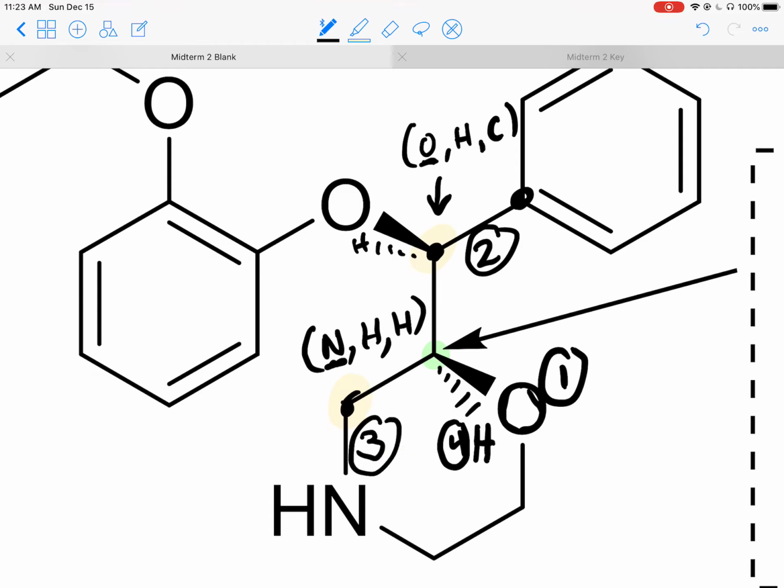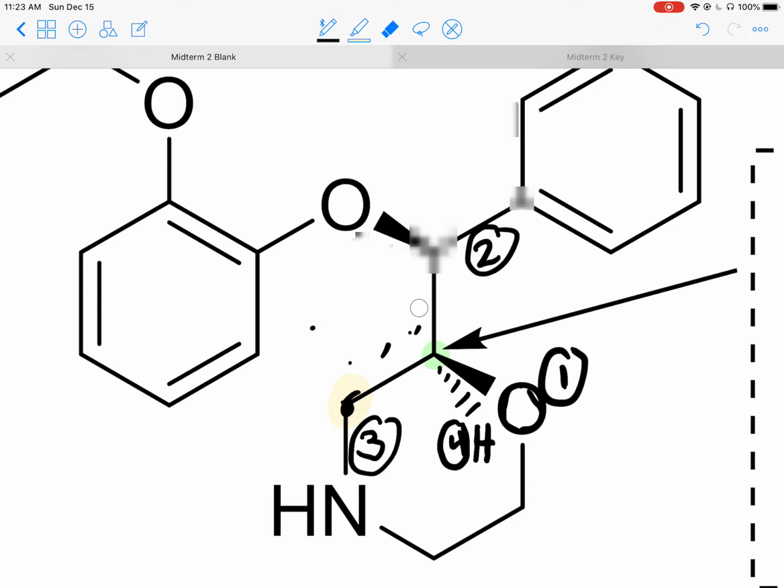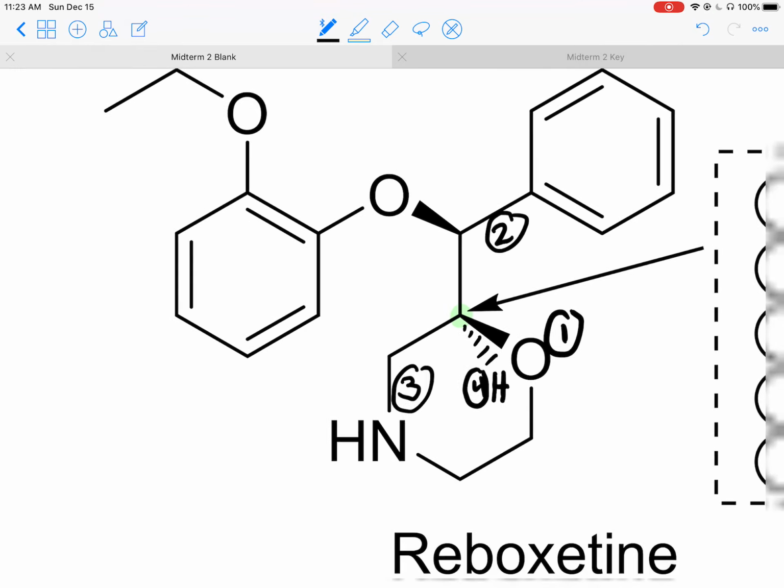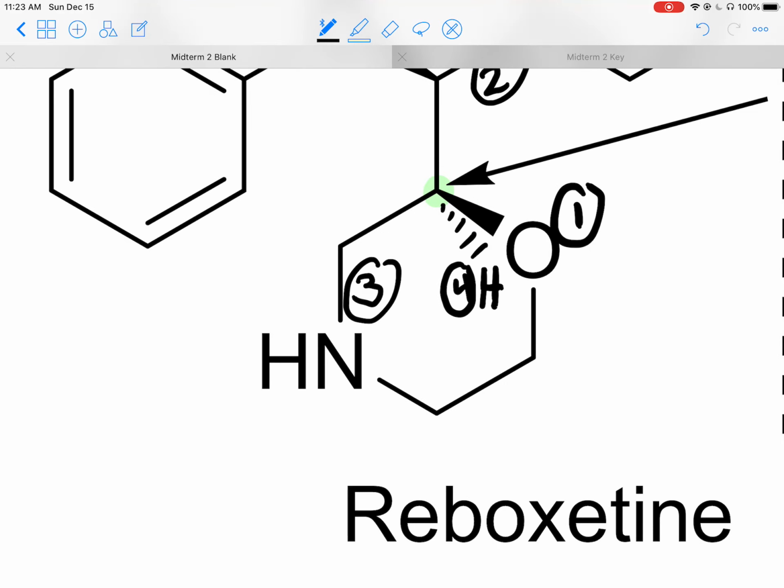Okay, again, let's erase all the unnecessary information. We just need the 1 through 4 to determine whether it's R or S. Let's see, is that everything? Yeah, so we've got 1 through 4. Again, it's convenient.